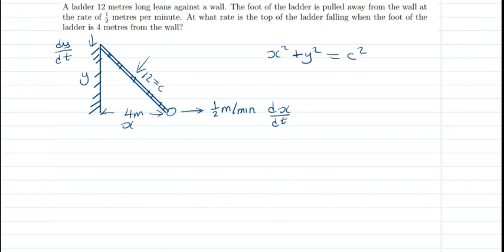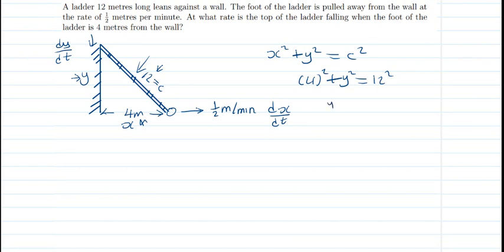Here we don't have the value for y, but we have the value for x and the length of the ladder. Using these two, we can find y. We plug in the formula: 4 squared plus y squared equals 12 squared.